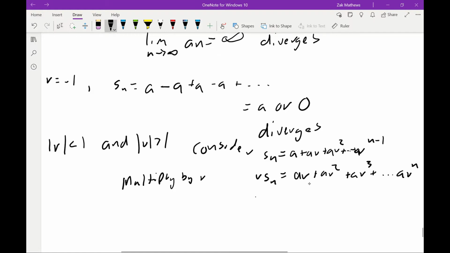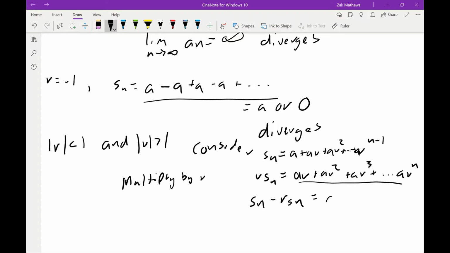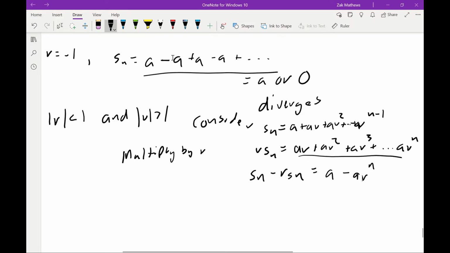So s sub n minus r times s sub n, meaning we're taking the initial partial sum, subtracting off this thing. Everything's going to cancel except for the a minus a r to the n. Taking the sum, subtracting itself, so we're subtracting these two things. Sum minus this new sum that we've created will give us this expression right here.